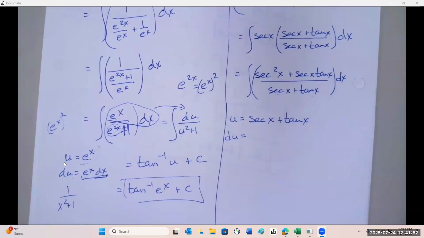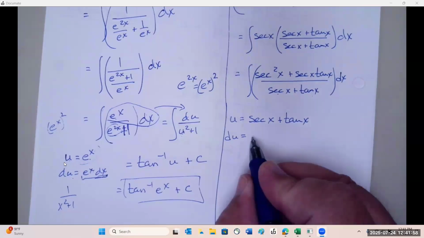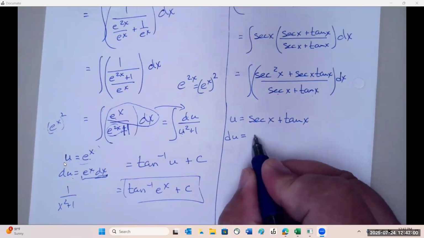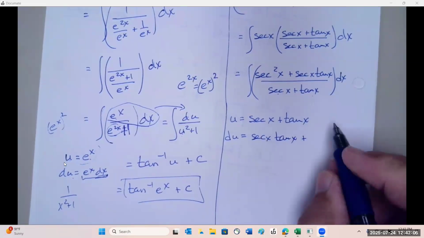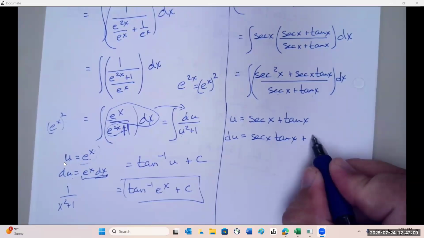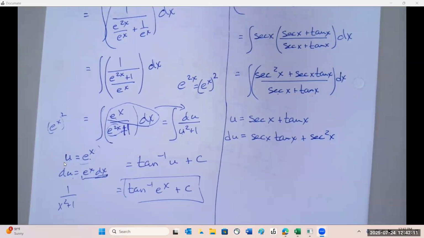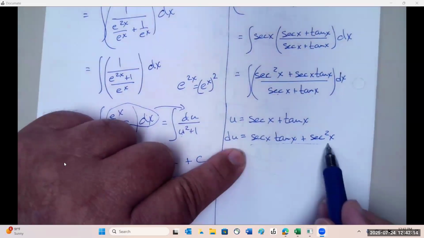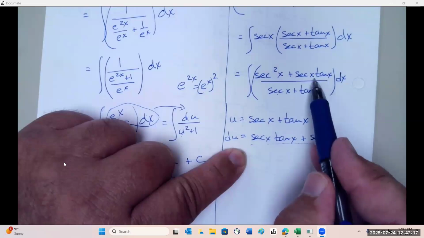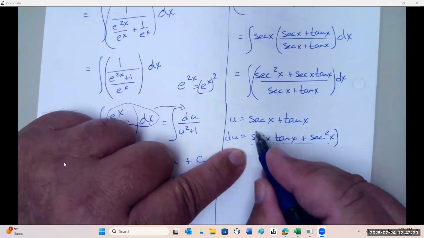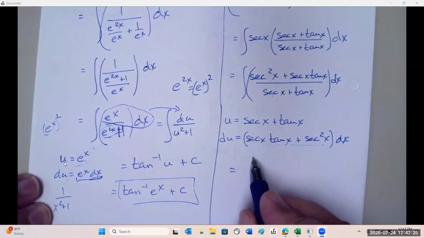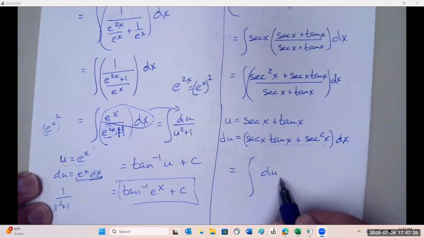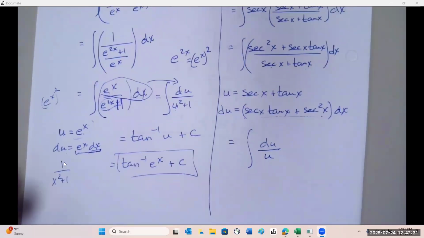what's the derivative of secant? From your sheets. Plus, what's the derivative of tangent x? You see how this looks a lot like that? So it's all that dx. So what we have now is du over u.